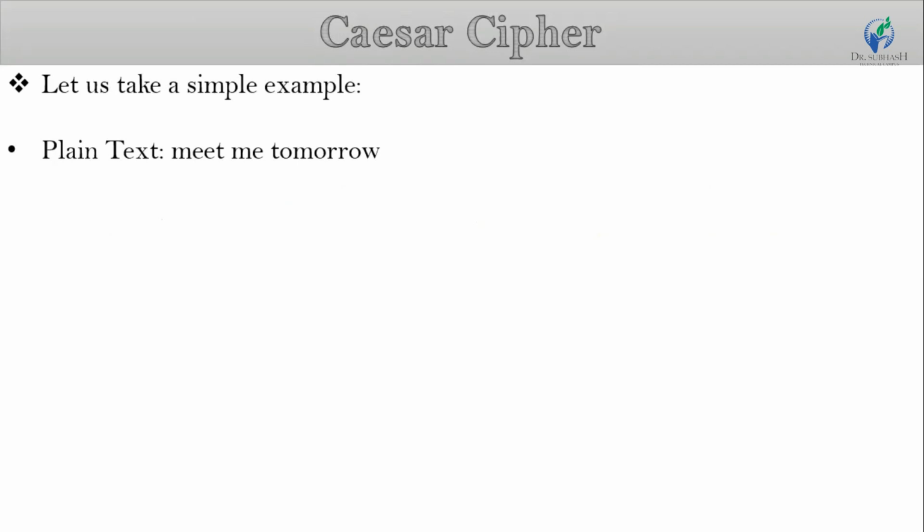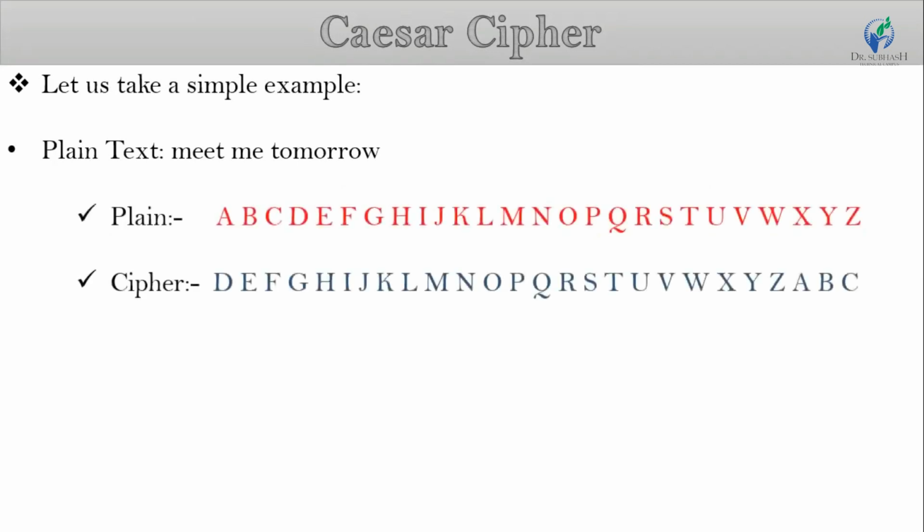We have already seen how each alphabet is encrypted, so in the plain text we find these A to Z alphabets, and based on that we choose the cipher alphabets: A is replaced with D, B with E, up to Z with C. So our ciphertext is PHHW PH WRPRUURZ, meaning M is replaced with P, E with H, T with W, then O with R, and W with Z.